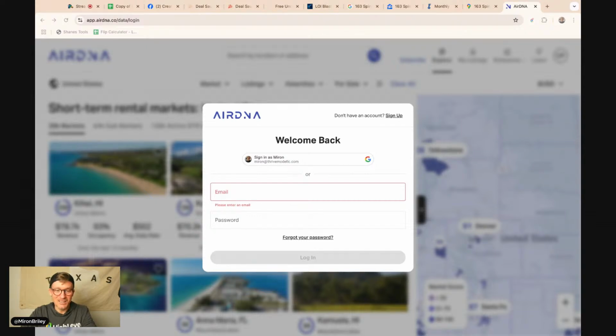Cool. It won't let me log in. Let me just go grab my logins.